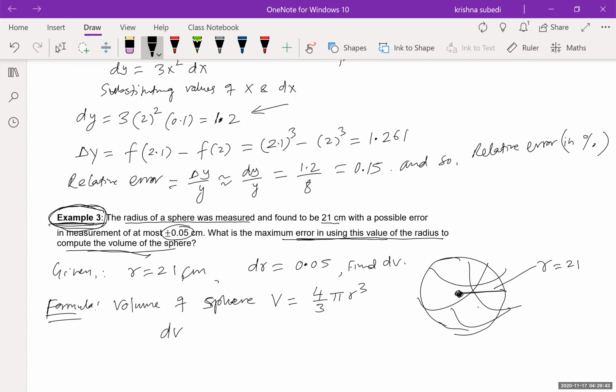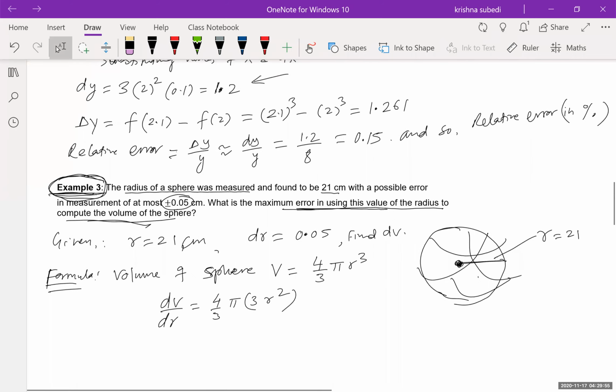Find the derivative dV over dr, which is 4/3 pi times 3r squared. The 3 cancels out, so you get 4 pi r squared. And now substitute the value.